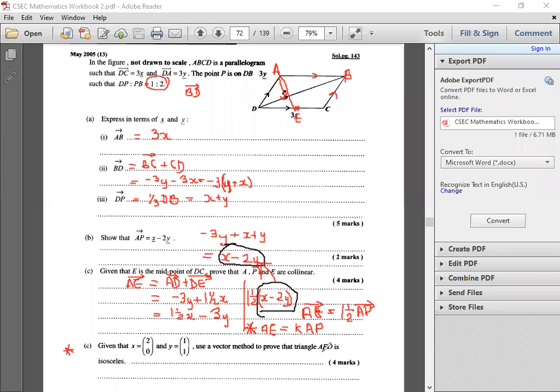In this sense, you're not finding an angle, but you're going to prove that two sides are equal, the lengths of two sides are equal. But this one, all you're going to prove is that you have two equal vectors, or the magnitudes of the two vectors are equal. And once you get that, then you know it's an isosceles triangle.